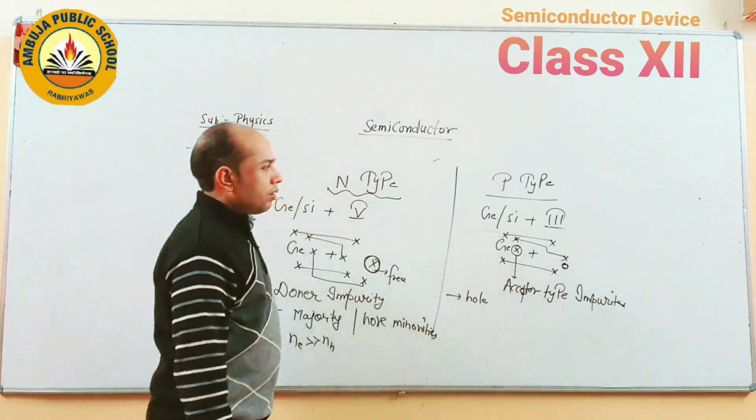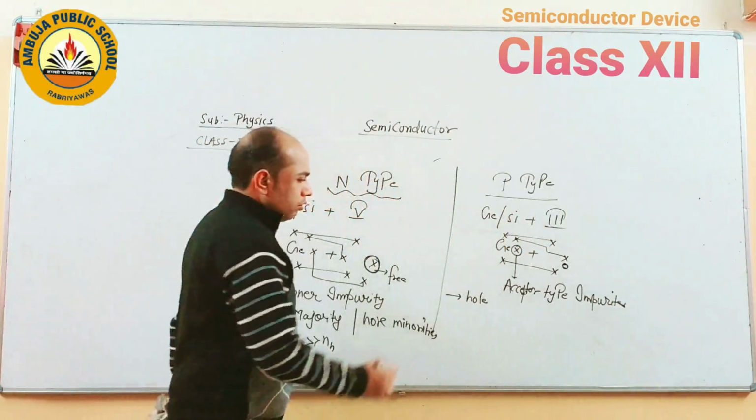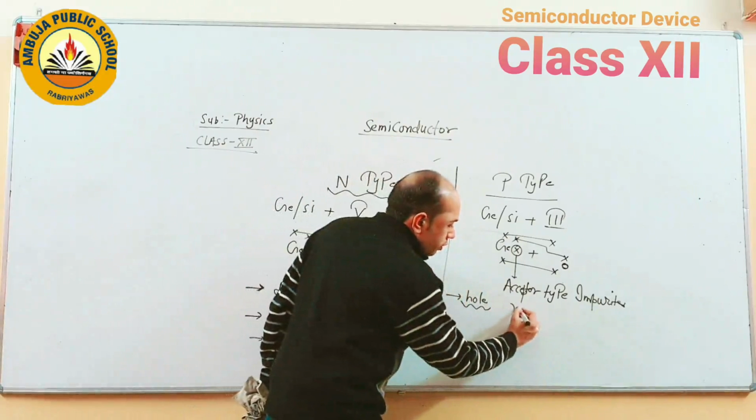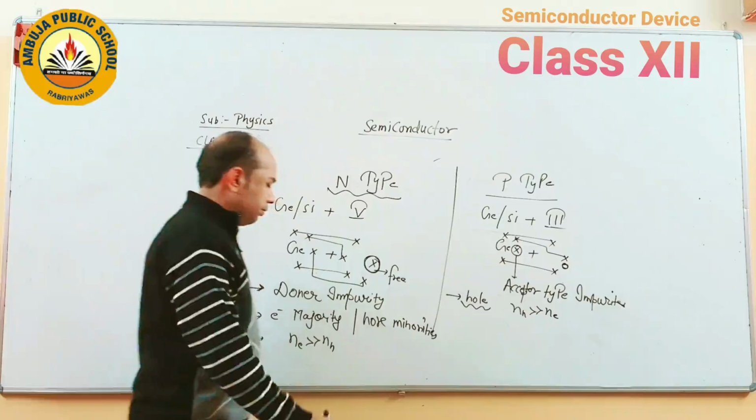Every time germanium or silicon is mixed with a trivalent atom, it creates a hole. That is why the number of holes is more compared to the number of electrons.